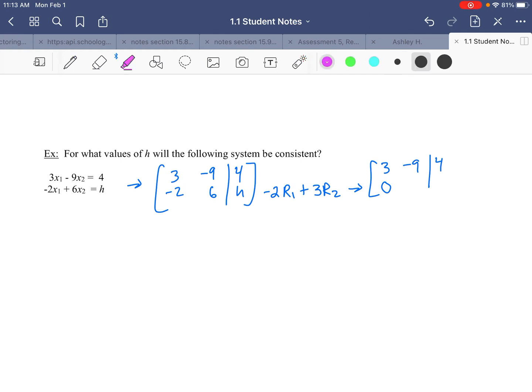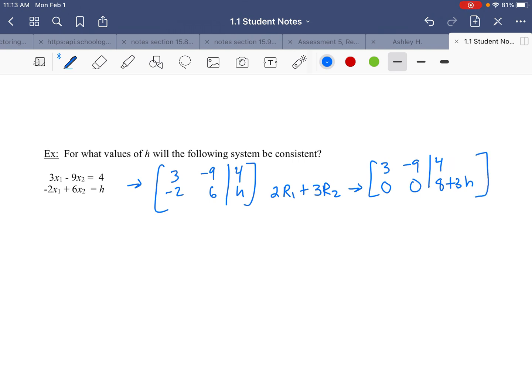Sorry about that. So don't need this negative right here. All right. Let's see. So if I'm doing the second column, this would be negative 18 plus 18. So that'd be another 0. And then here, this would be 2 times 4, so 8 plus 3 times h. So 8 plus 3h.